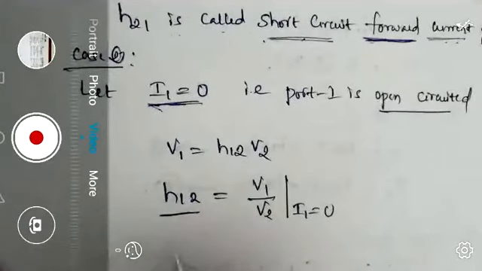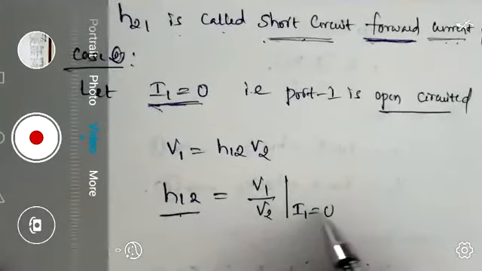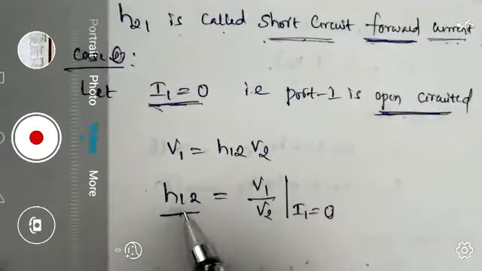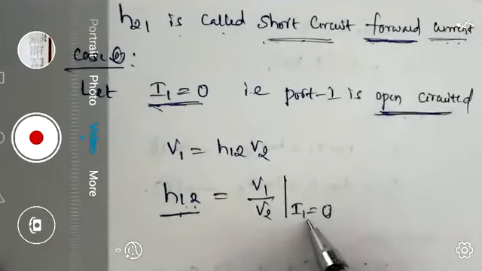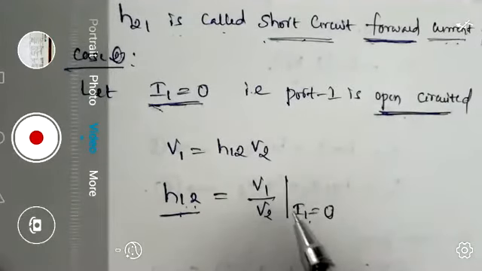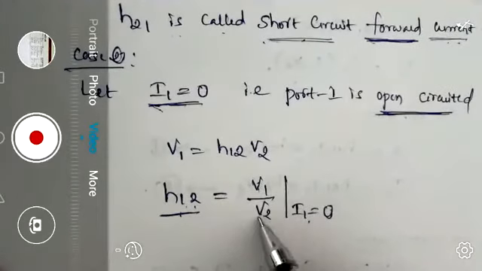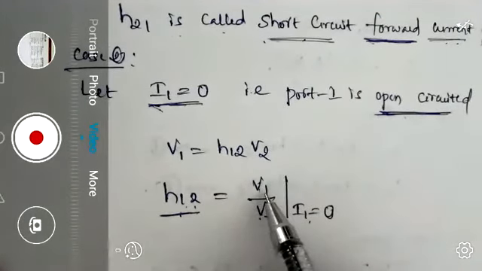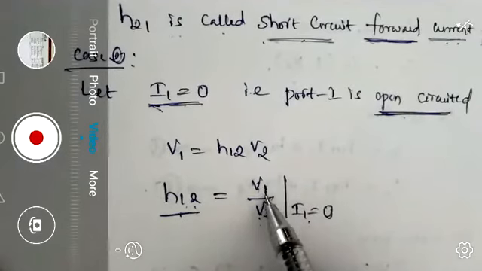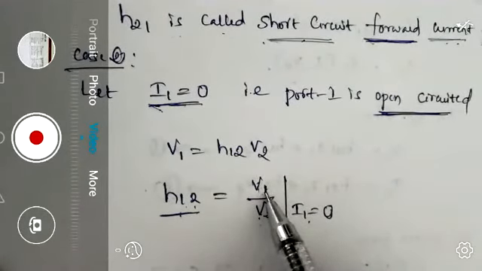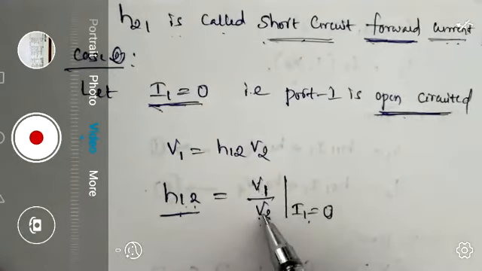The parameter H12 is what? I1 equal to 0 means it is open circuit, correct? In the numerator and the denominator, both values are voltage. But observe, it is the ratio of input parameter divided by output parameter. One indicates input, two indicates output. Means it is reverse.